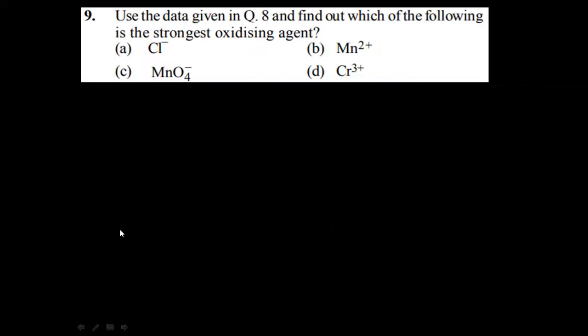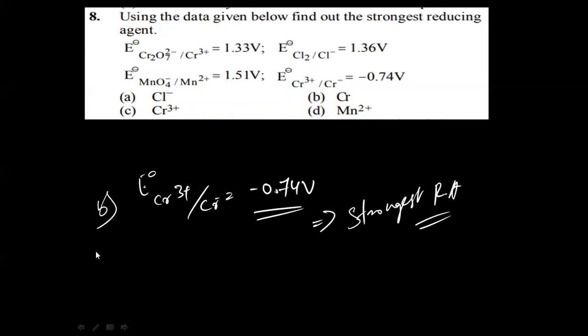Then question number 9. Use the data given in question number 8 and find out which of the following is the strongest oxidizing agent. Among this given data, we know that the higher the positive value of standard reduction potential of a metal ion, the higher will be its oxidizing capacity.